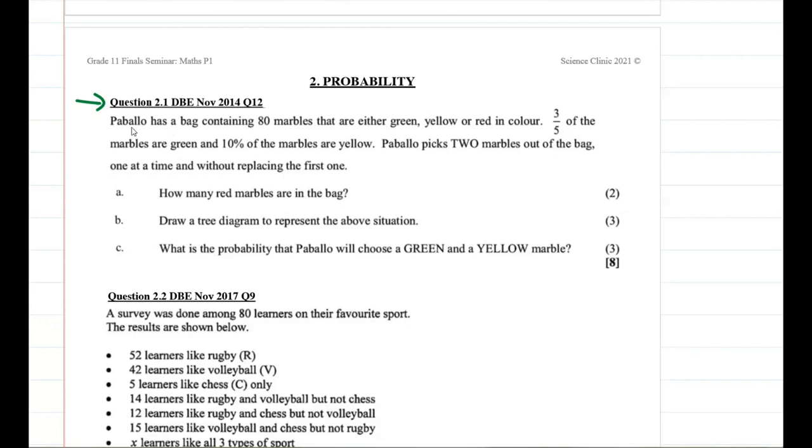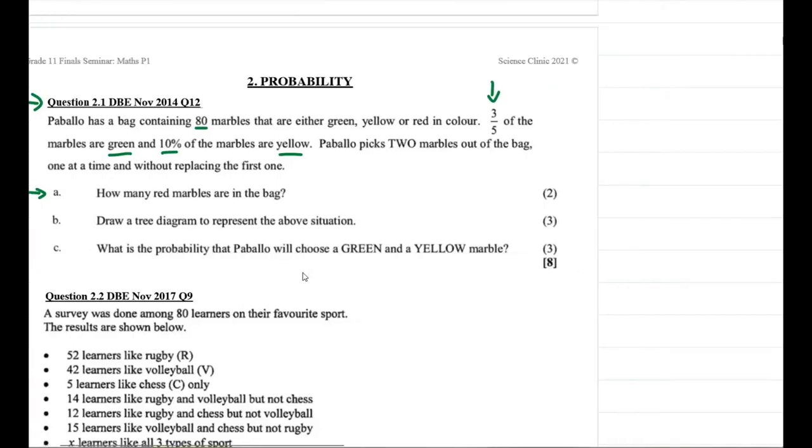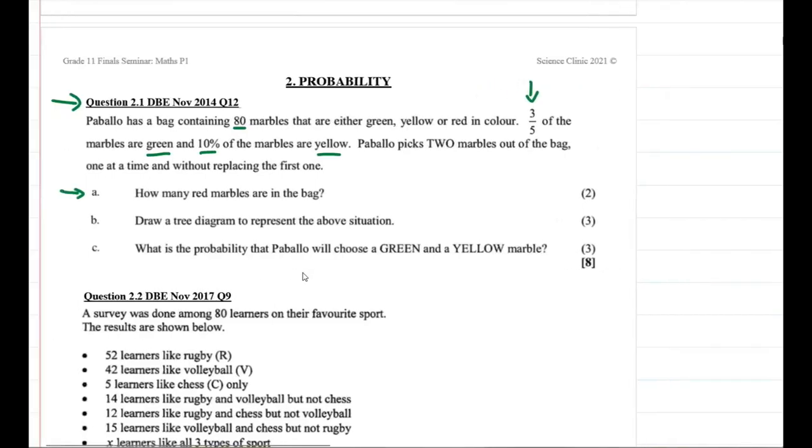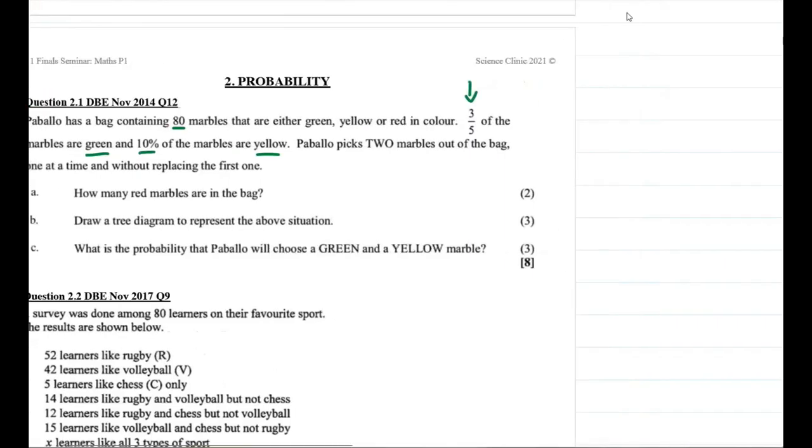So they say Babalo has a bag of 80 marbles, and they tell me 3/5 of the marbles are green and 10% of the marbles are yellow. So how does that help me out to find out how many red marbles he has? Okay. 3/5, if I put that as a percentage, that's going to give me 60%.